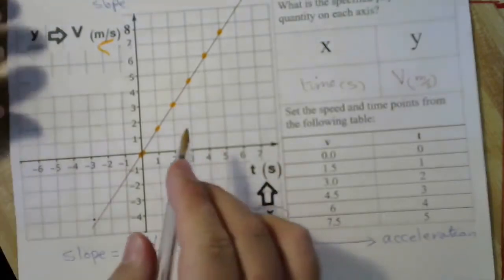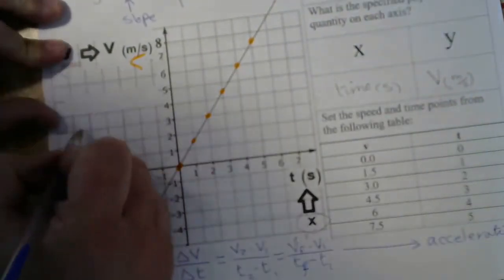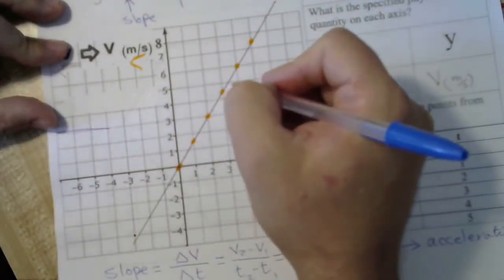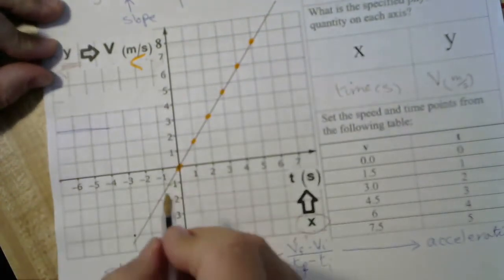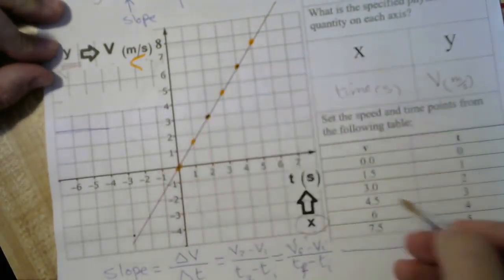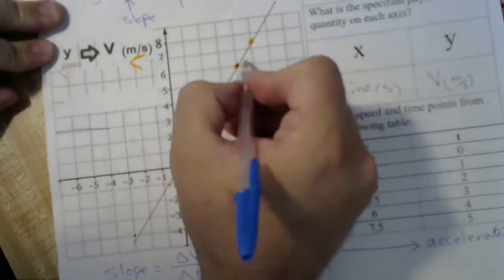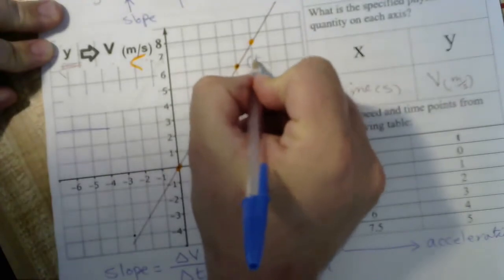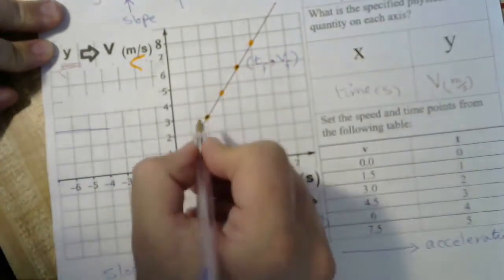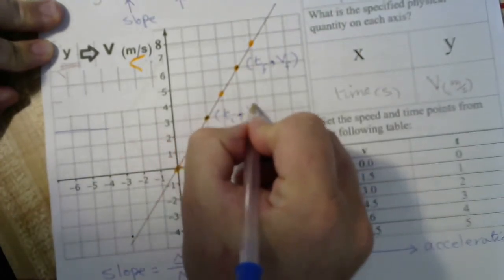So I can calculate the slope for this line. I can pick any 2 points to calculate the slope. I can take this and this, which are the same from the table. So I can take this, which is t final and v final, and this is t initial and v initial.